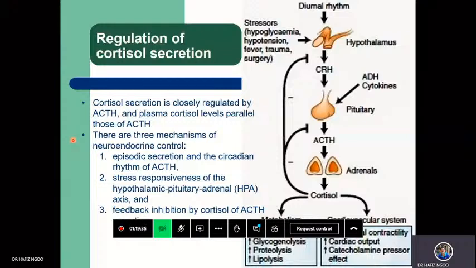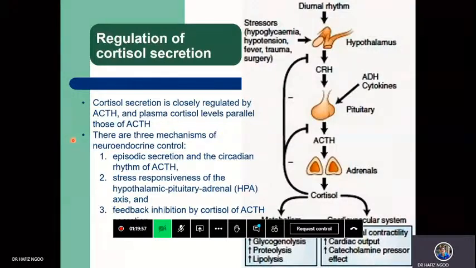The plasma cortisol and ACTH basically respond to physical stress. So the ACTH and cortisol are secreted within minutes following the onset of stress, especially when you are hypoglycemic or when you have a fear, something like that basically activates ACTH and cortisol release.